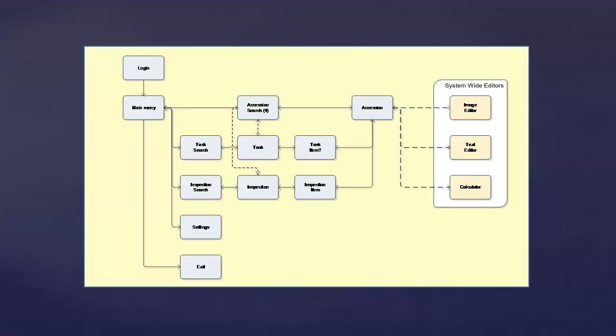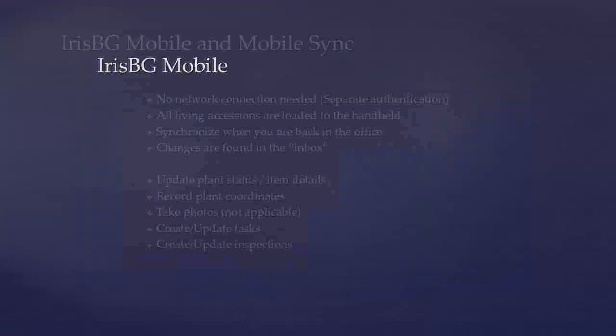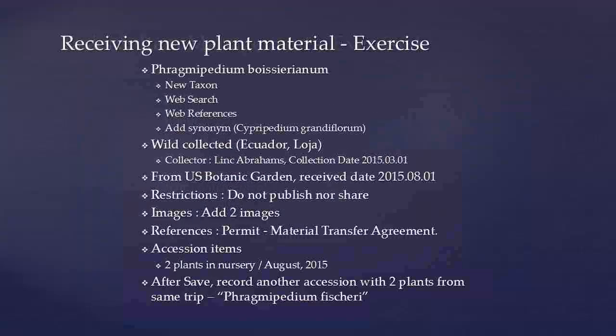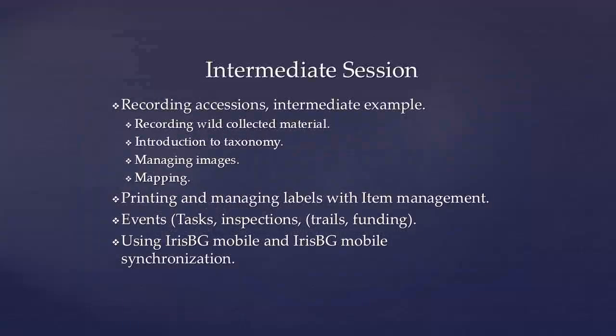So just to reiterate what we've done today, I'm going to go back to the introduction here. We recorded quite a complicated accession with wild collected material. We added several new taxa. We added images. We did mapping of locality. We also produced labels from item management, and we updated a group of plants in item management.